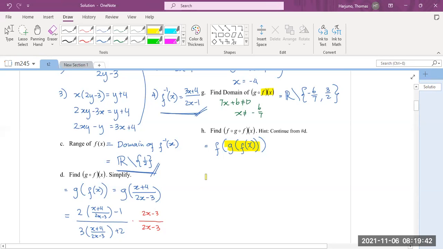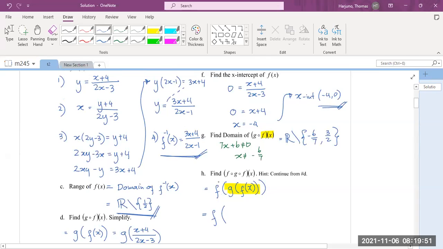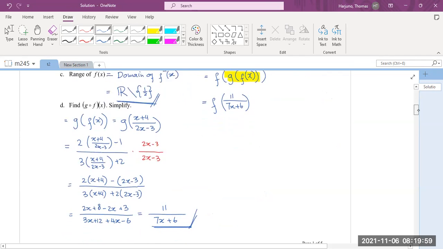So let me just use that as a chunk. This is F of G compose F, which is 11 over 7x plus 6.